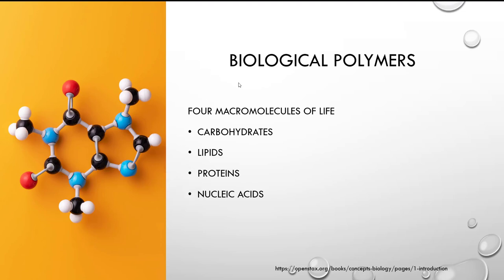Some of these you're very familiar with because they make up our diet, right? Our diet consists of a combination of carbs, lipids, and proteins, or carbs, fats, and proteins. And then everything has nucleic acids in it. So we're going to talk about these 4 macromolecules of life, which basically make up every part of your body.